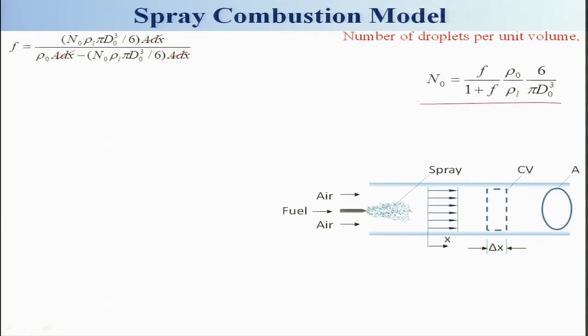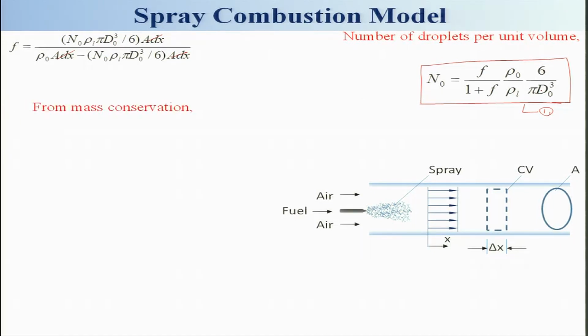We will be using this expression, and I can say this is equation 1. Now, what does it indicate? It indicates that the number density is a function of F, the initial density of the mixture, the density of the fuel, and of course, the initial diameter.